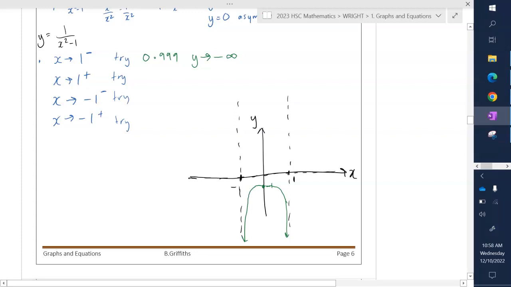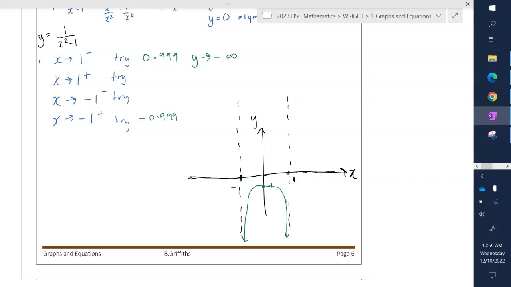If we were moving towards negative 1 from the positive side, that's this bit down here. We want to figure out what's happening. It's going to go down here, but let's see. So we want a number along the lines of minus 0.999, a number that's really close to 1, but still sits this side of it.